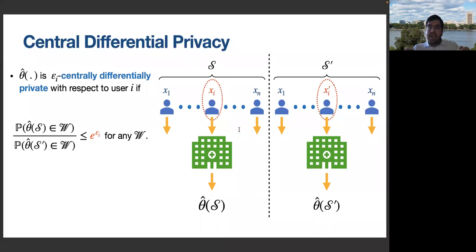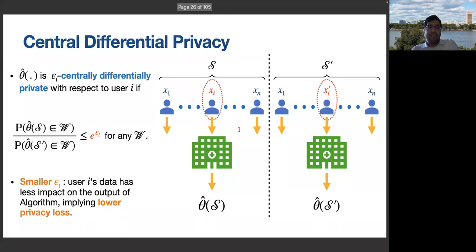If I keep the data of all the users unchanged and only change the data point of user i and look at the distribution of the output, I want the distribution to change by at most e to the power epsilon_i. So it's the classical definition of pure DP, with the change that epsilons now could be different for different users, which allows us to capture the heterogeneous privacy demands effect that I talked about earlier.